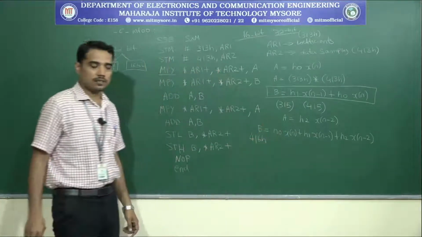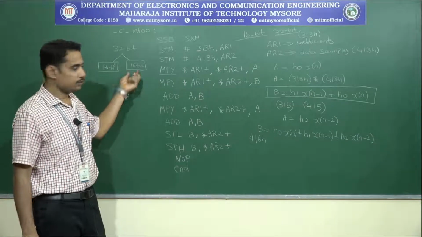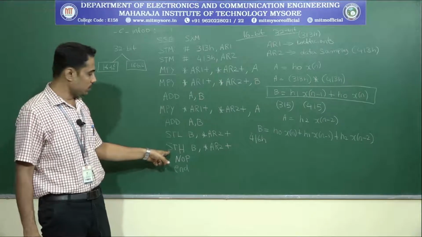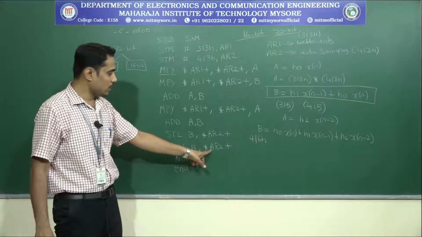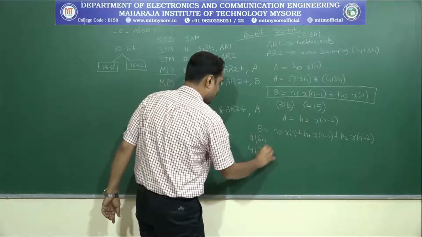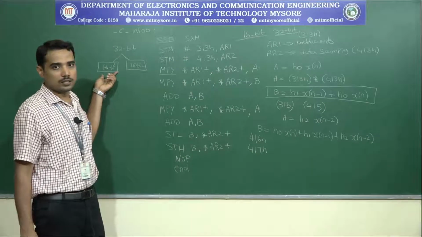In 416H, we are going to store the lower part of the result, and the higher part of the result will be stored with the instruction store higher value of B with respect to star AR2 plus. That means in 417H we are going to store the higher part of the result.